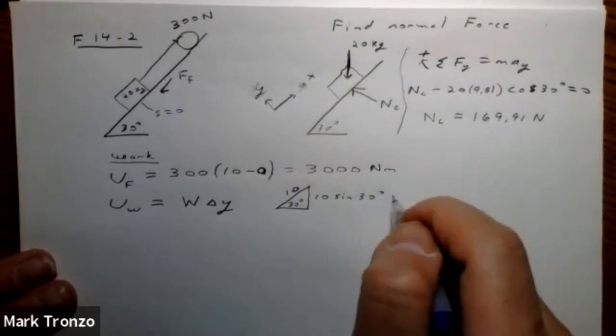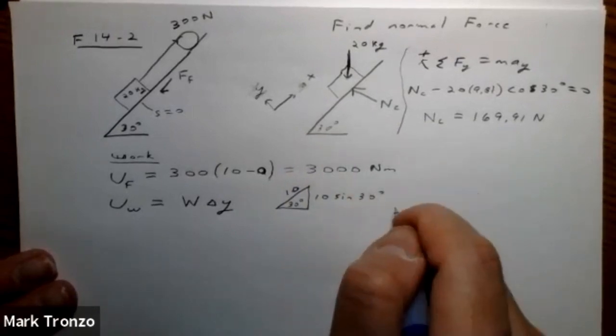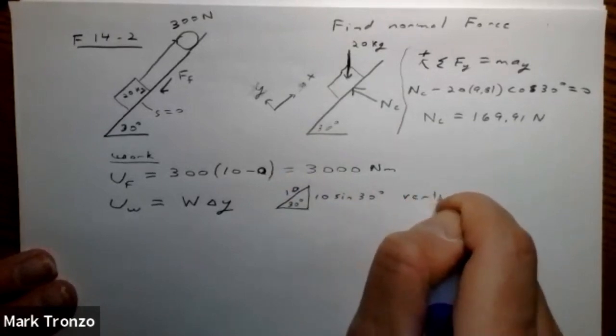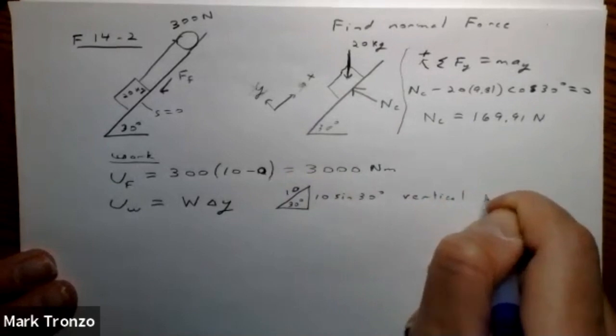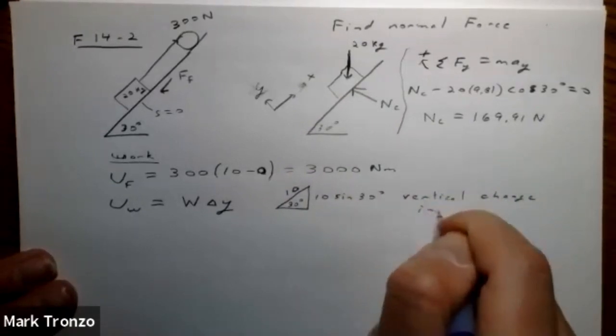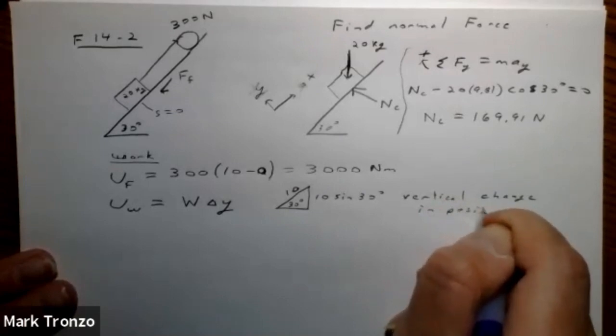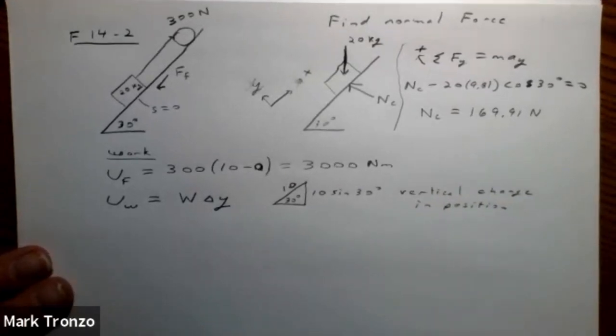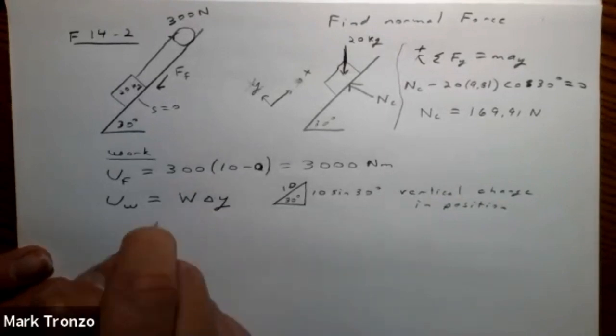So it's going to move up this amount. So this is going to be the vertical change. Just using a little triangle.